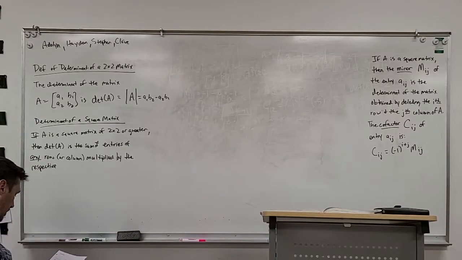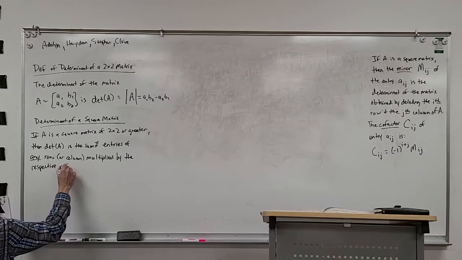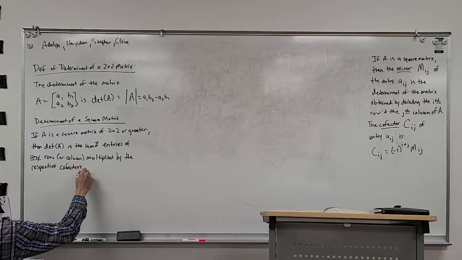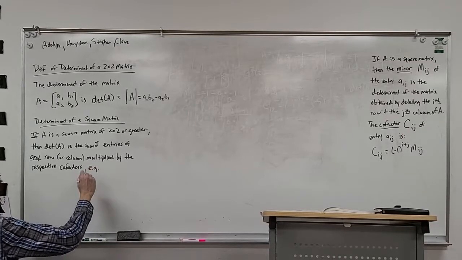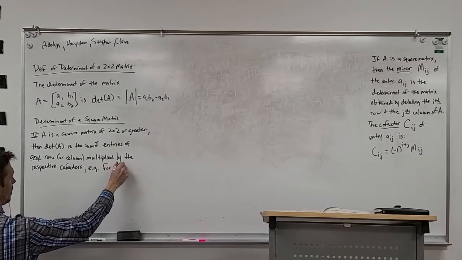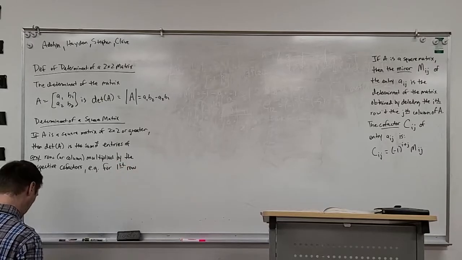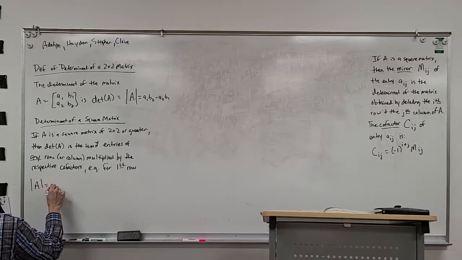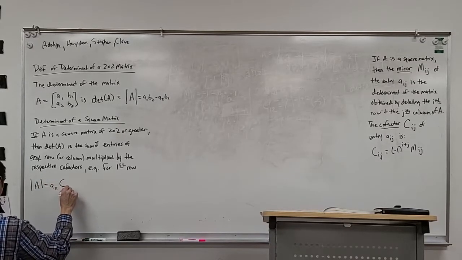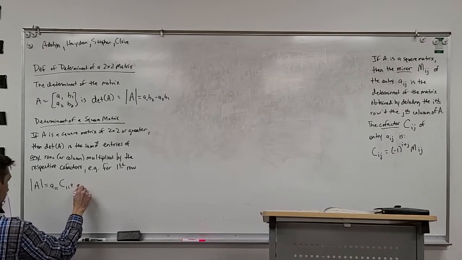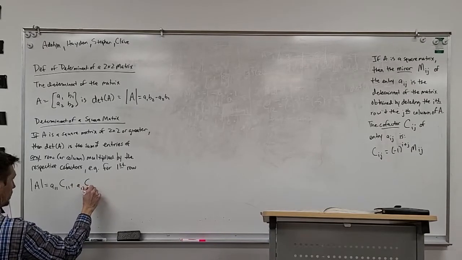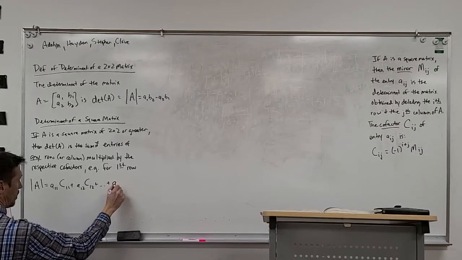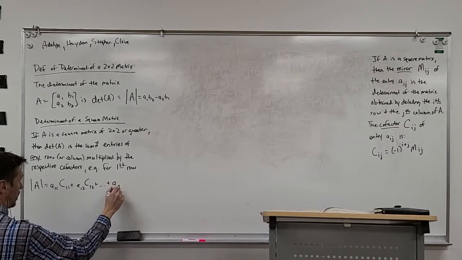Multiplied by the respective cofactors. For example, for the first row, the determinant of A is equal to A11 times C11 plus A12 times C12 plus dot dot dot plus A1n times C1n.